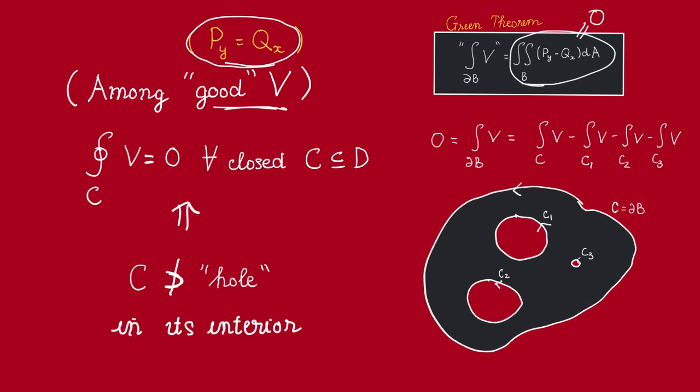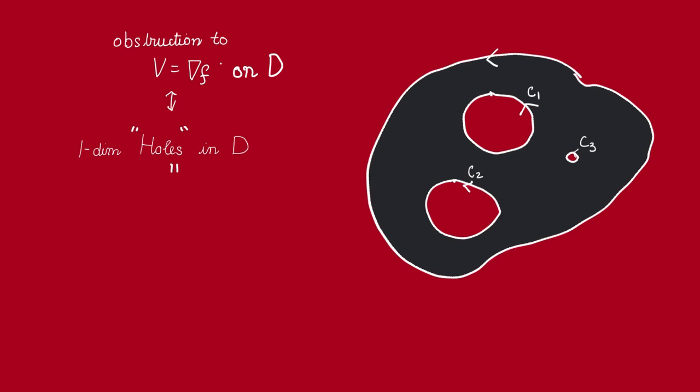And so the obstructions to the integral of V along C being 0 are exactly these integrals along the holes. Thus we see that the obstructions to V being conservative on D are exactly the one-dimensional holes in D.